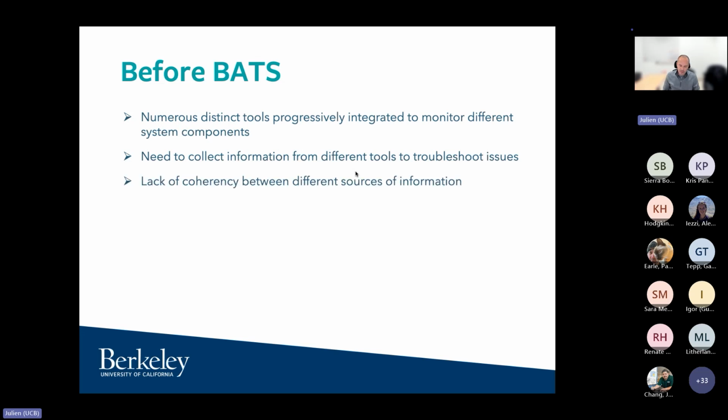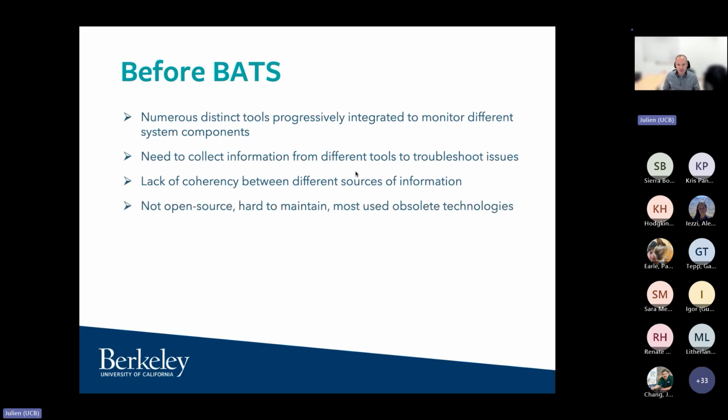And in addition to that, there was sometimes a lack of coherency between the information that was being received from the different tools, because these tools were not reading the information at the exact same place, and that was making troubleshooting even more difficult.